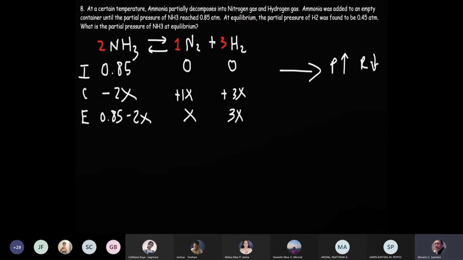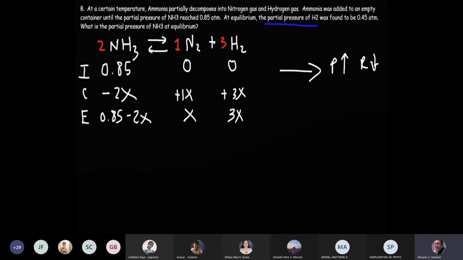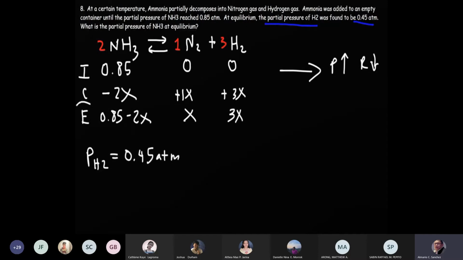Now that we've completed the ICE table, what should we do next? Now looking at the problem, we're told that at equilibrium, the partial pressure of H2 was found to be 0.45 atm. So we can write that. At equilibrium, we also know that the partial pressure of H2 is equal to 3x.